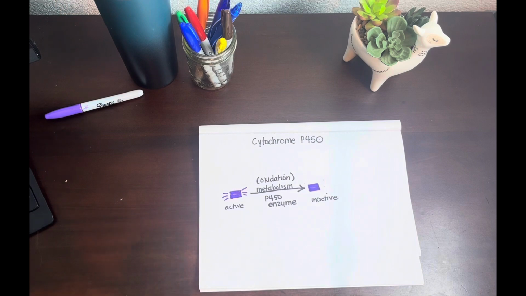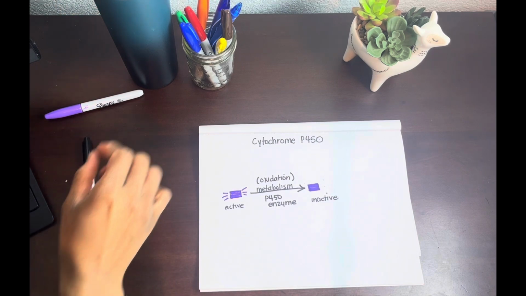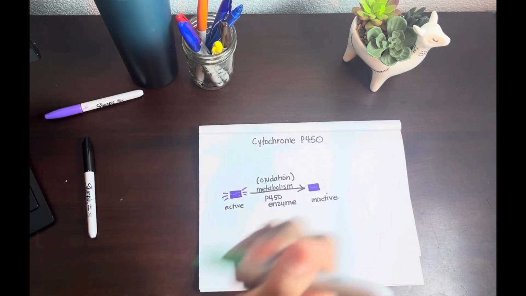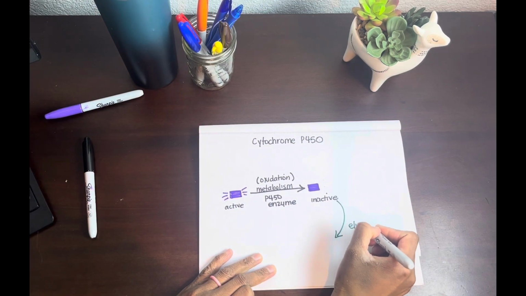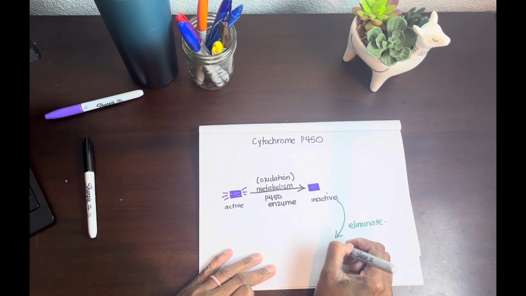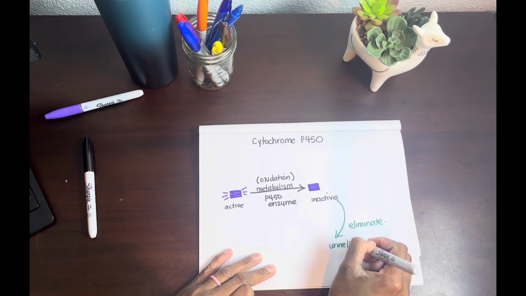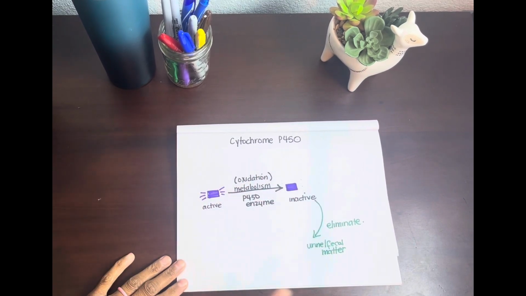Okay, now this conversion allows the body to excrete the inactive form of the drug, so it's going to eliminate either via the urine or fecal matter. So this is what happens at baseline.